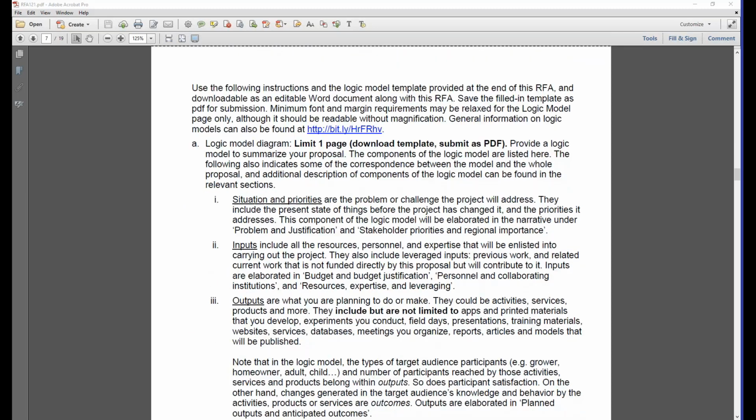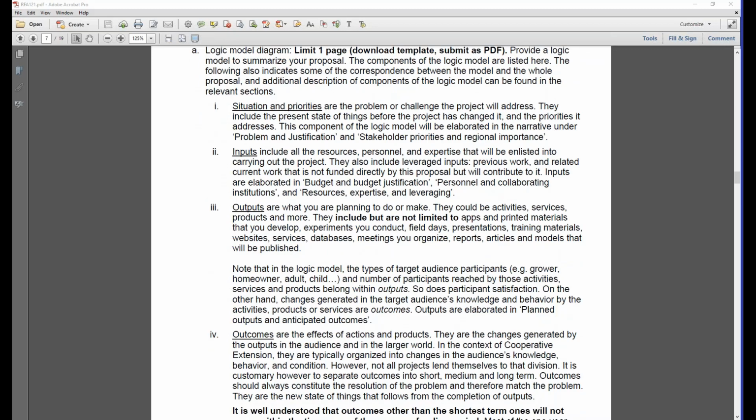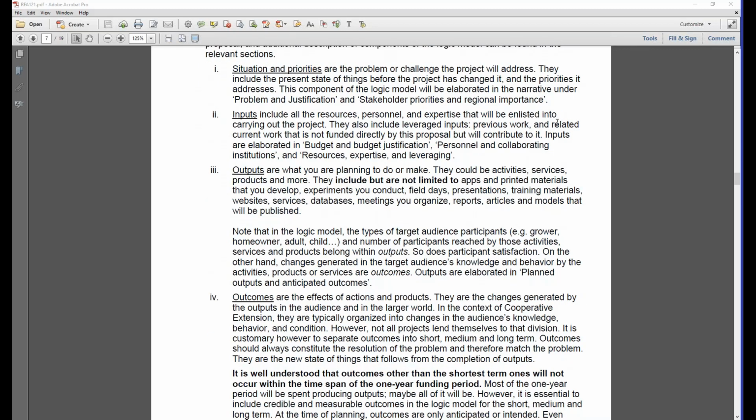So the parts that the narrative and the logic model are going to require are situation and priorities. This is where you define the problem. In this case, it behooves you to bring known sources like priorities and previous work, in order to show the relevance of the situation, the problem, to the southern region.